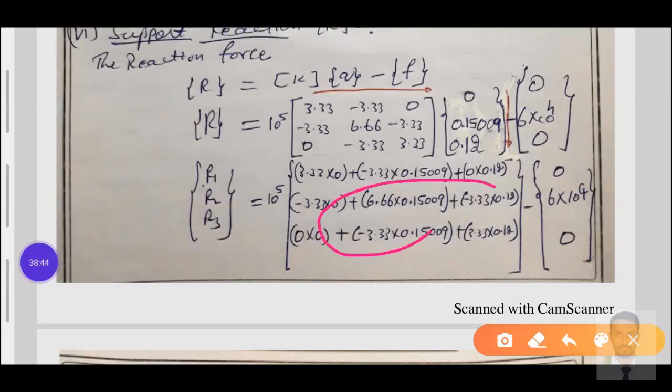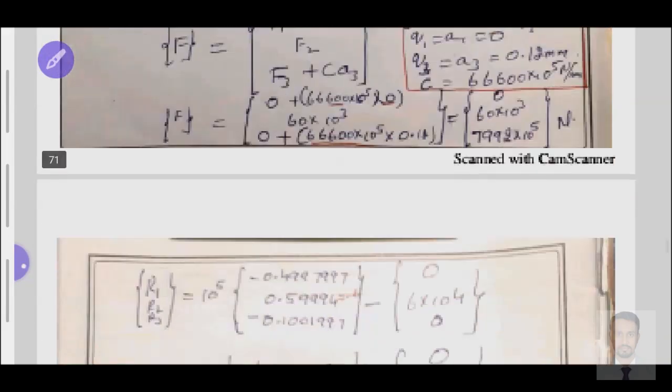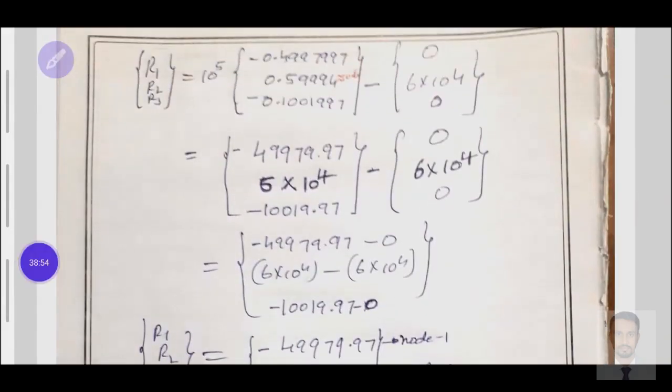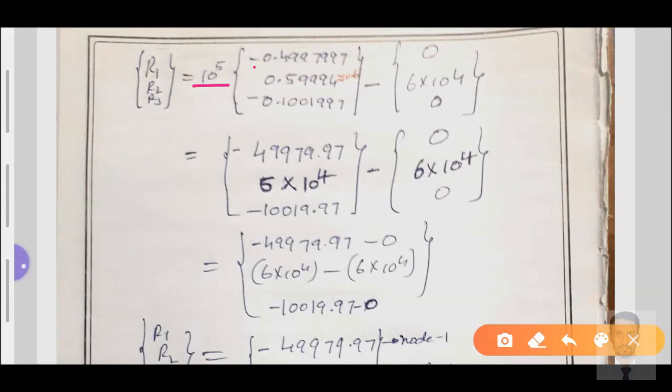Then after resolving this we'll subtract these values from the matrix. So I'll multiply this 10 to the power of 5 inside the matrix. This equals 49979.97 minus, approximately 0.6 we have taken.